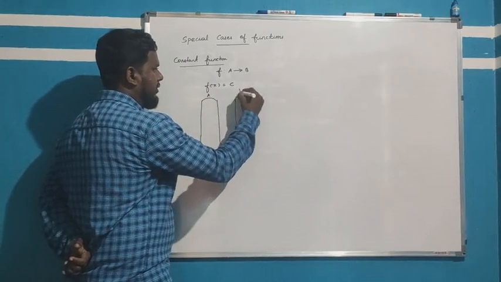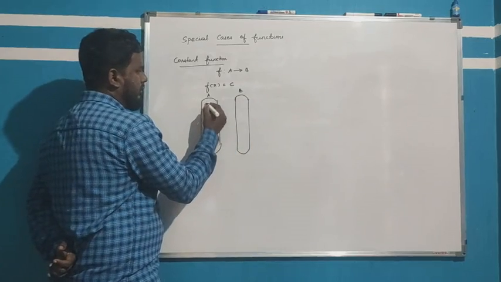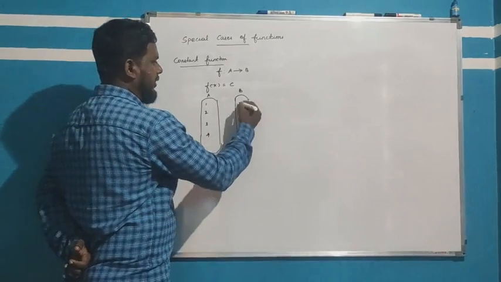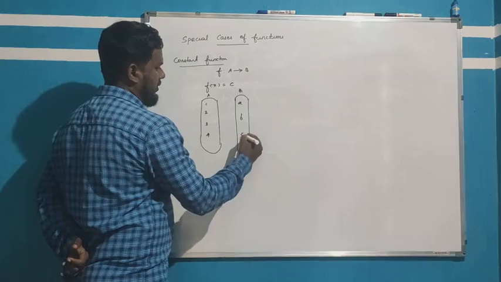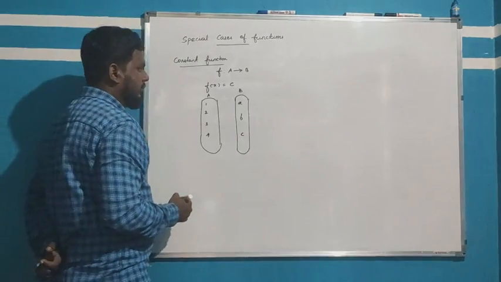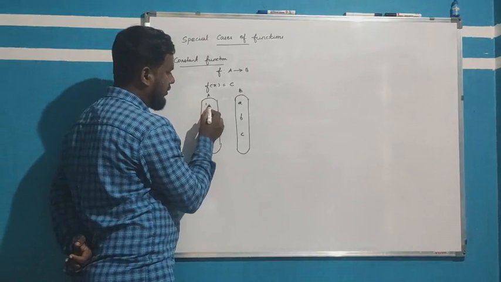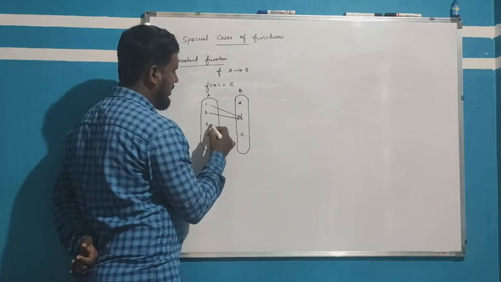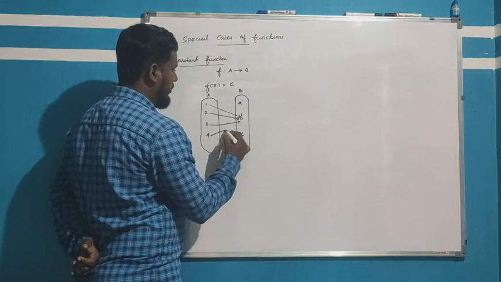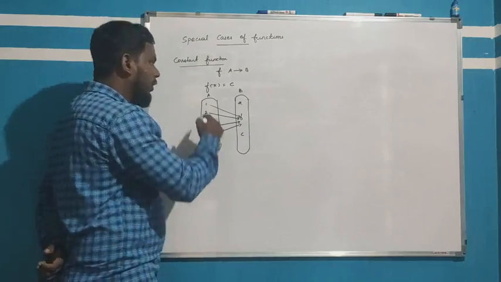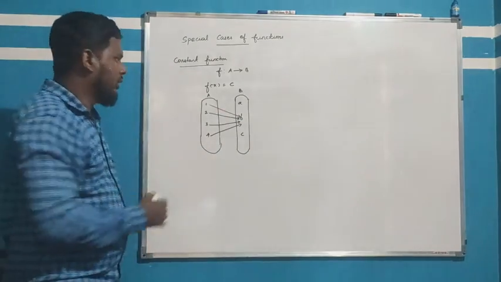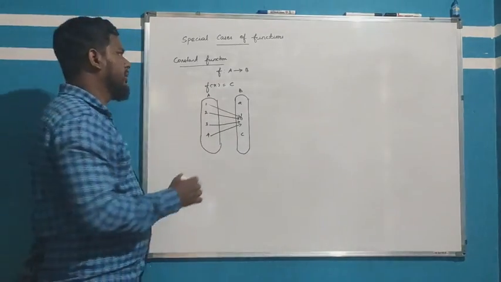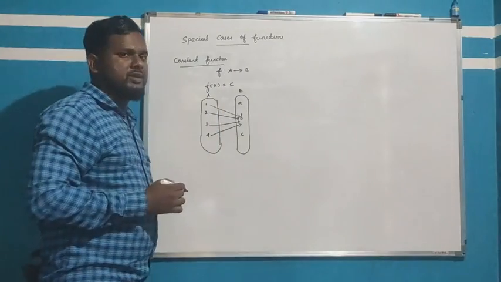The A set is 1, 2, 3, 4, and the B set is A, B, C. 1 is related to B, 2 is related to B, 3 is related to B, 4 is related to B. All preimages have the same image. That type means we can say constant function.